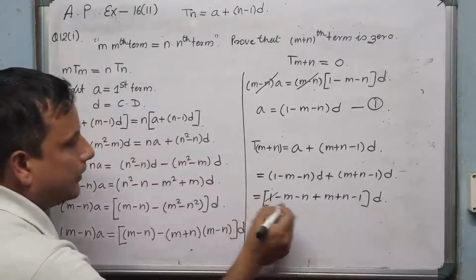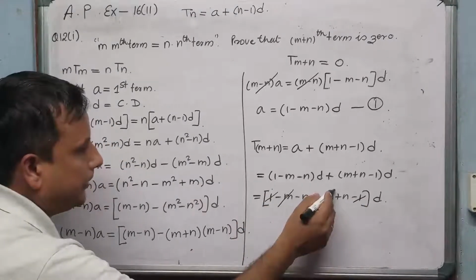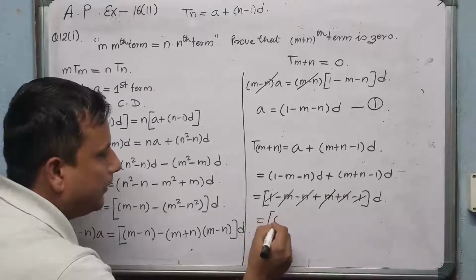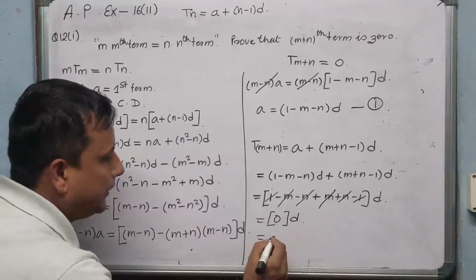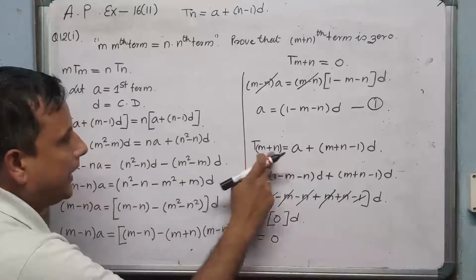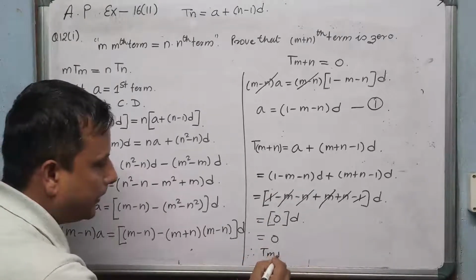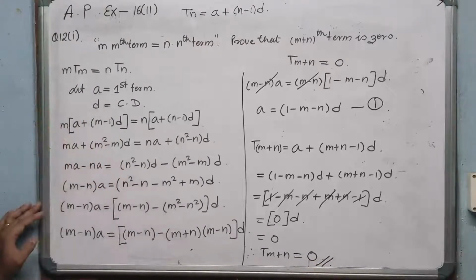Now 1 is positive, this is negative, cancel; positive, negative, cancel. Everything is cancelled out, so it is d into 0, and 0 into d is 0. Now it is proved that T(m plus n) is equal to 0. Therefore, the (m plus n)th term is equal to 0. So required proved.